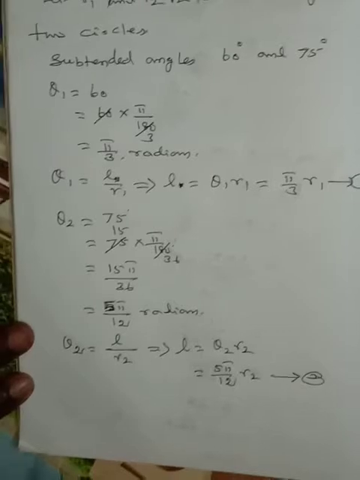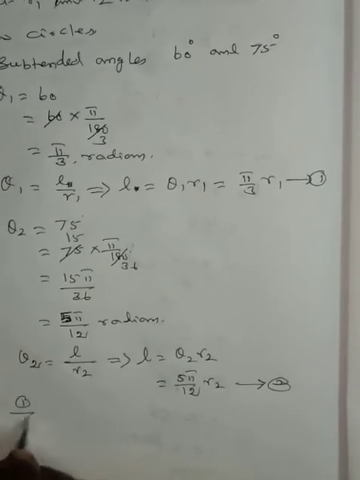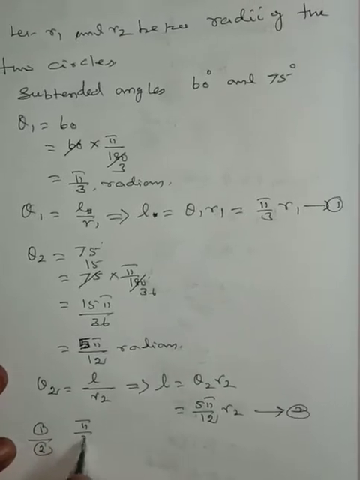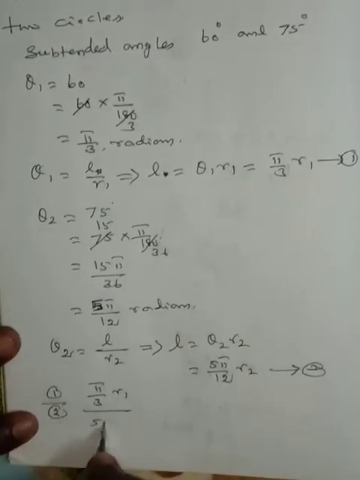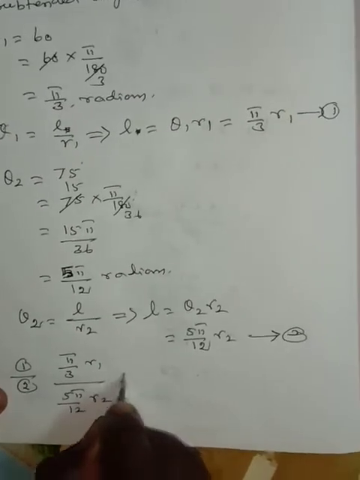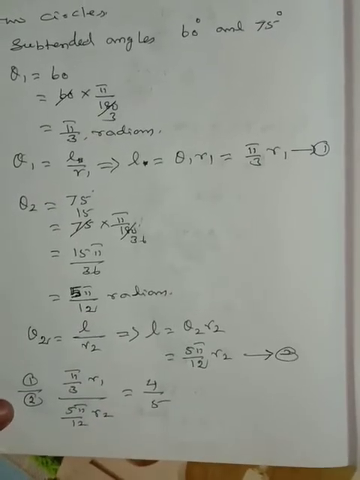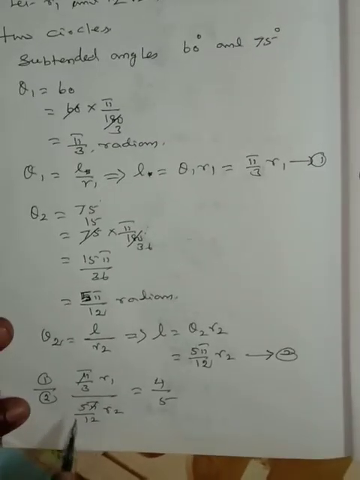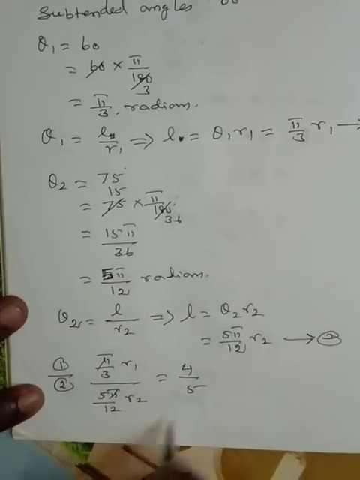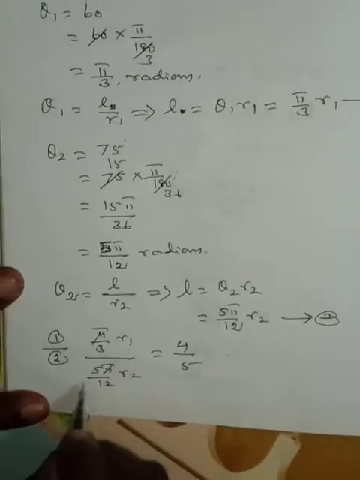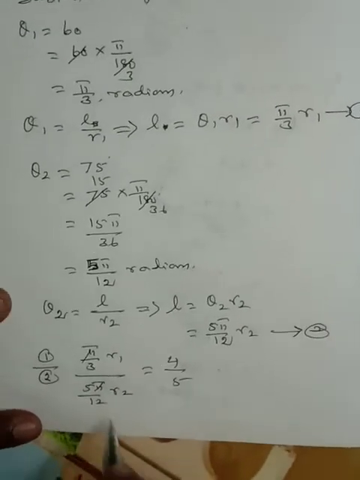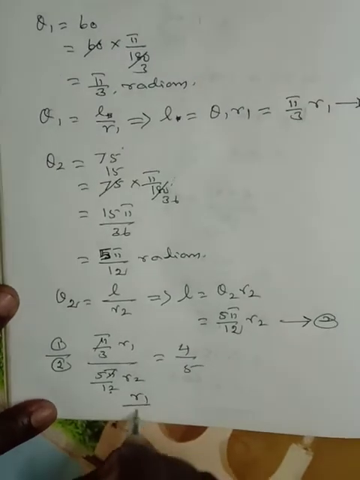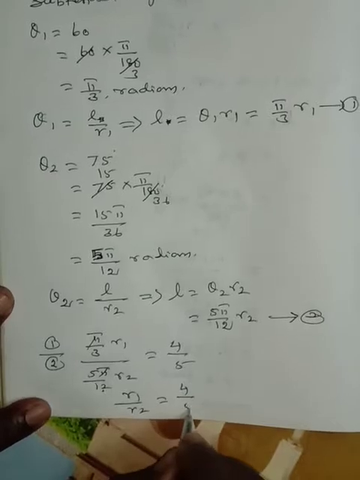Now equation number 1 divided by 2 gives pi by 3 R1 divided by 5 pi by 12 into R2 is equal to 1, so R1 by R2 is equal to 4 by 5.